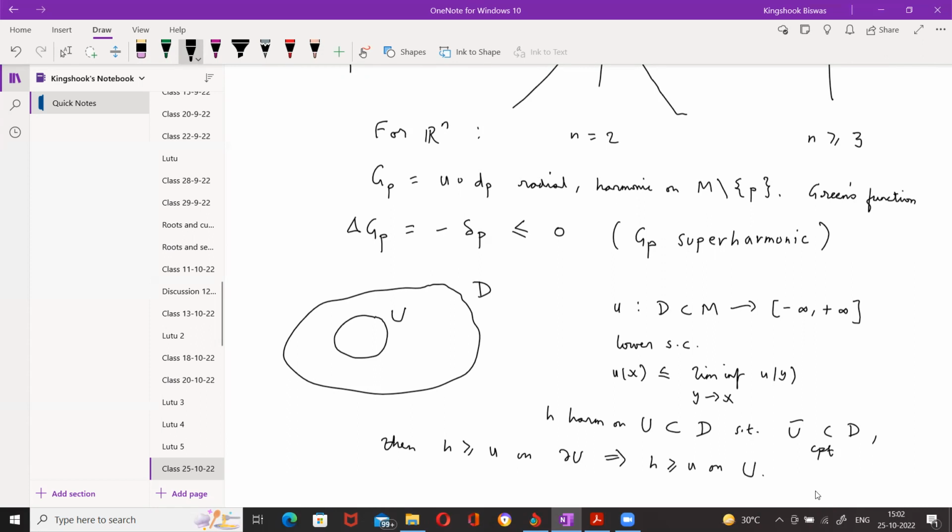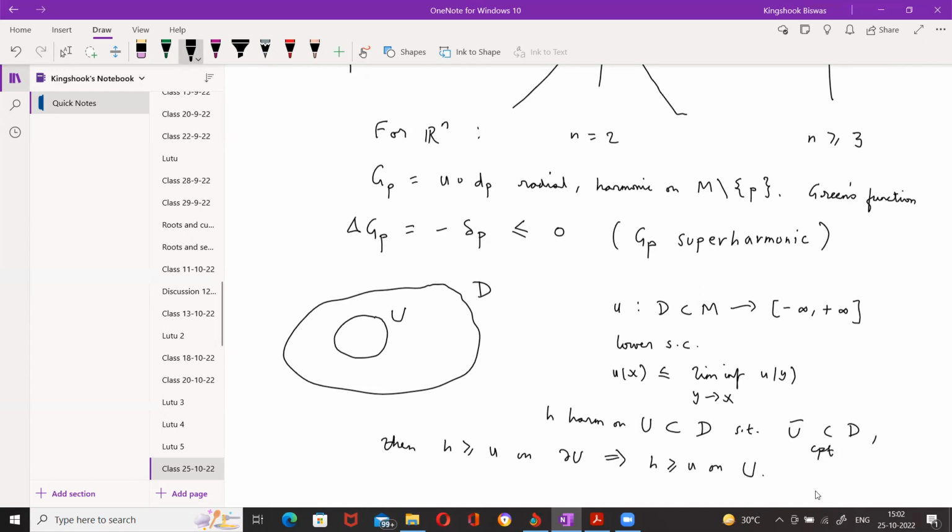And this property follows from the maximum principle. You look at u minus h. That is subharmonic and less than or equal to 0 on the boundary. Therefore, it should be less than or equal to 0 inside, from the maximum principle for subharmonic functions.